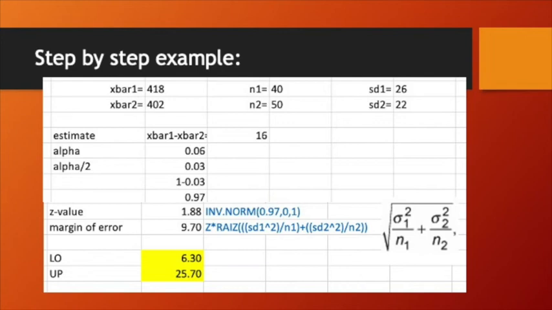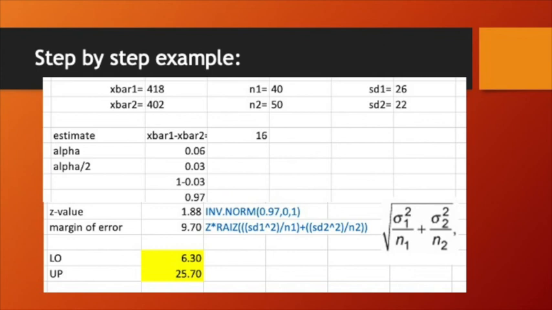So we then calculate the margin of error according to the formula, multiplying z times the square root of what we just commented: the squared standard deviation of the first sample divided by the sample size, added to the squared standard deviation of the second sample divided by its sample size.